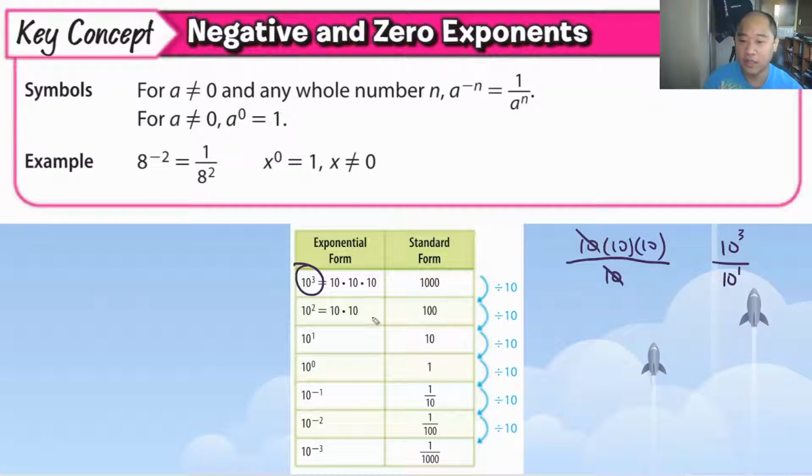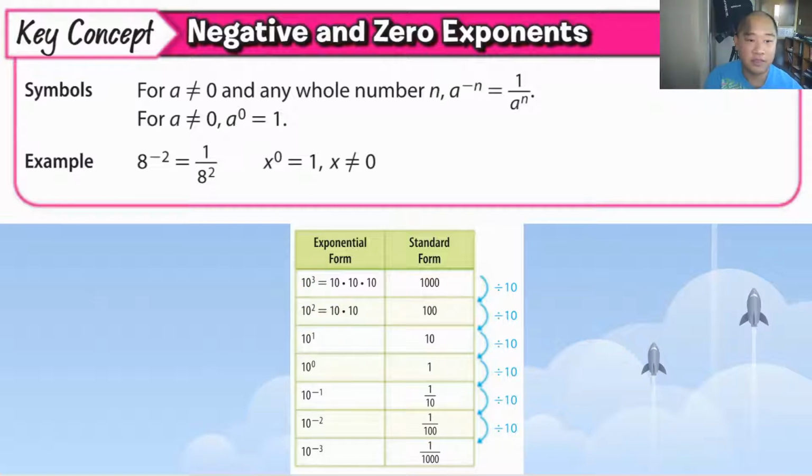And so as we go down from 10 to the third to 10 to the second, you're dividing by 10. And then you're dividing by 10 again, and so on and so forth. And so each simplified number, as you can see, is getting 10 times smaller each time.